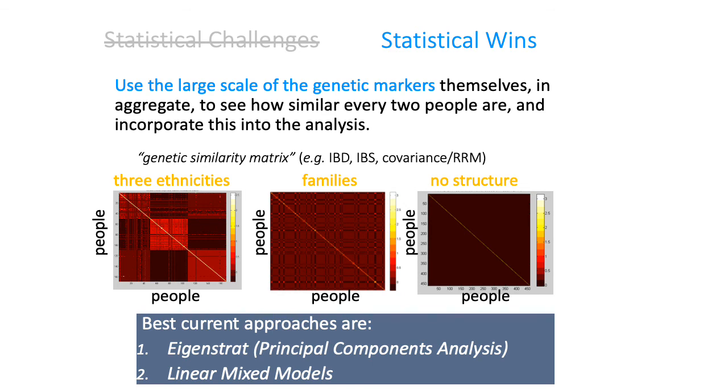Although on the next few slides we'll be talking mainly about the principal component analysis approach, there is another, more powerful approach called the linear mixed model, which can correct for features of these similarity matrices in a stronger way than principal components analysis.